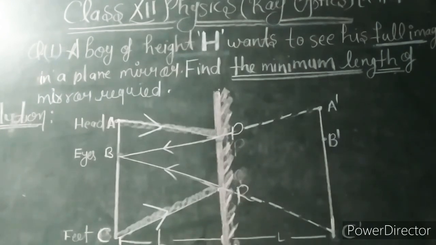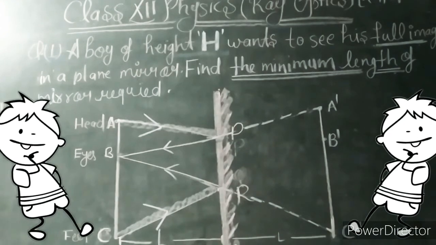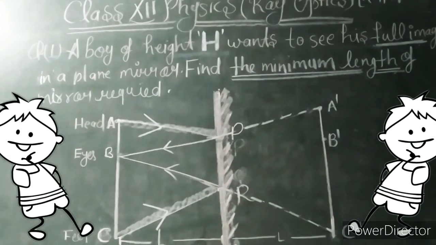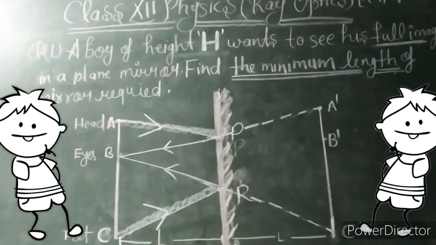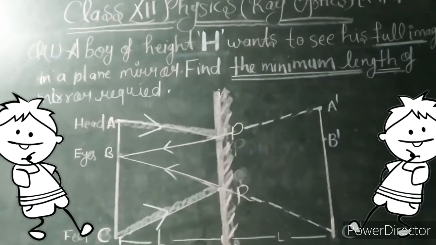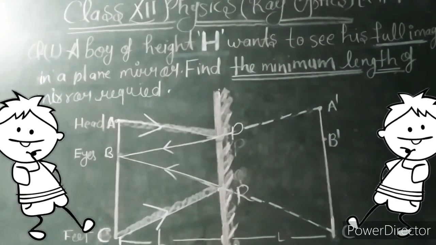Point A dash is formed only when the reflected rays are produced backward and meet behind the mirror. A dash is just a point, referred to as the point image.